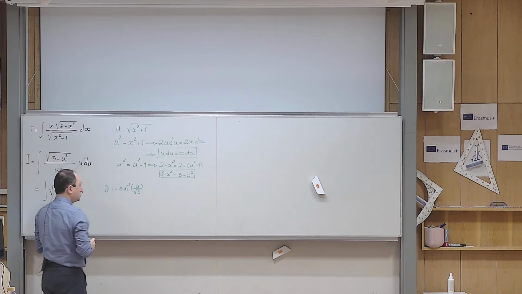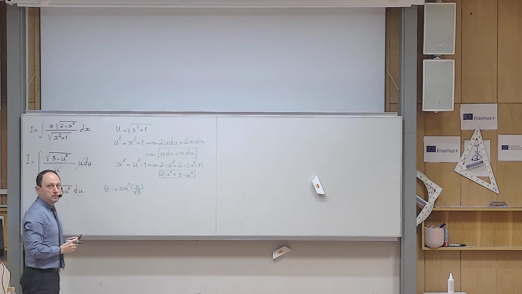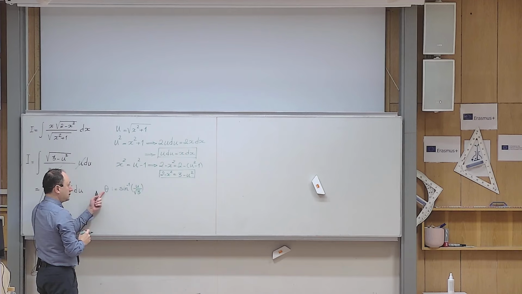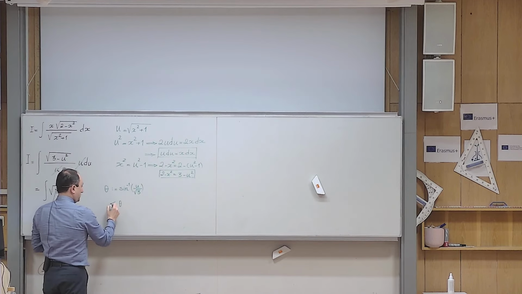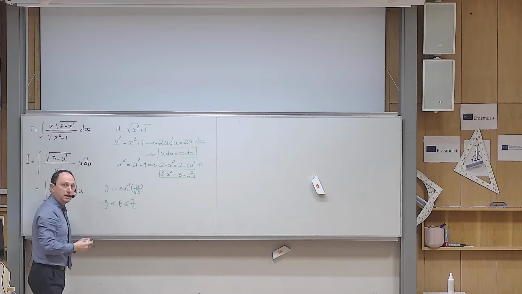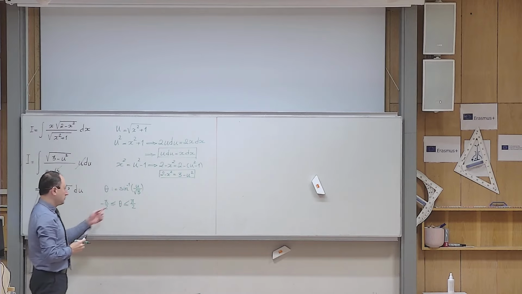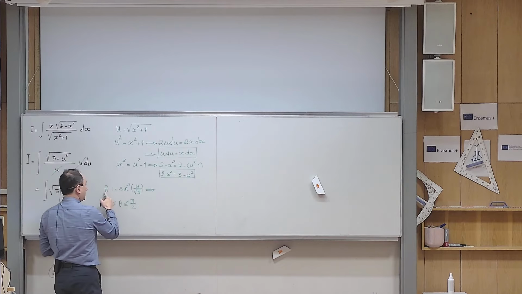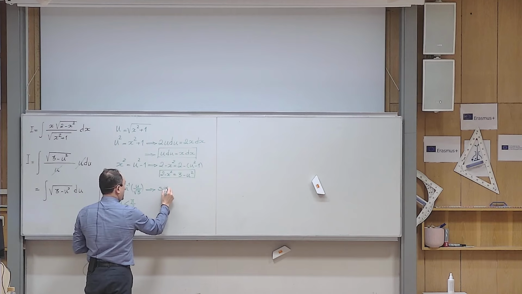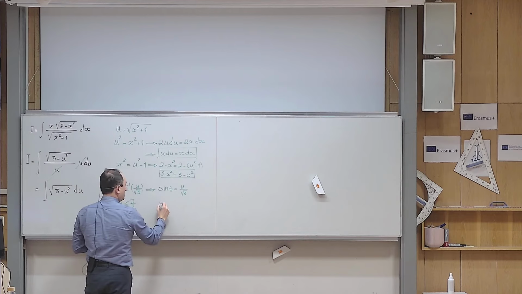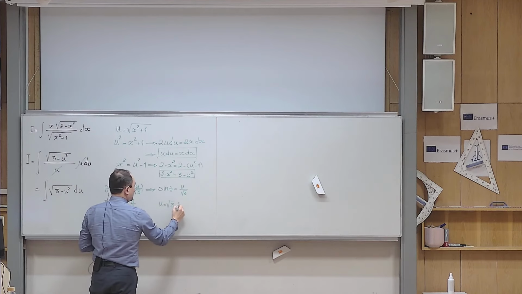The reason I introduce it this way is that it not only introduces a new variable, but also tells me that theta should lie from minus pi over 2 to pi over 2, because theta is within the range of the sine inverse function. This will be helpful in a moment, you will see. From here, of course, sine theta is u over the square root of 3, or u is the square root of 3 sine theta.